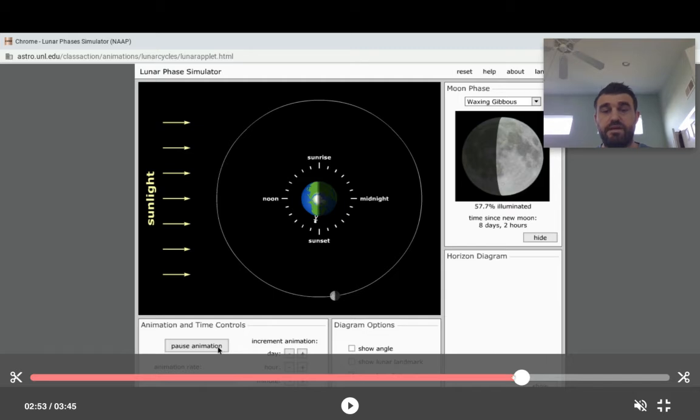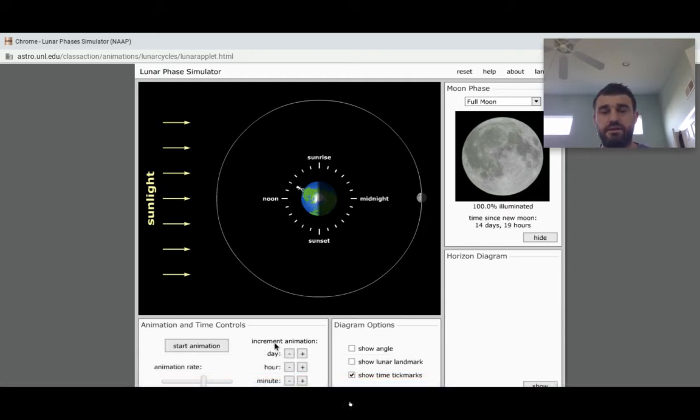Okay? Now the phases, as they get bigger and bigger, let's say the full moon, you'll never see the full moon at noon. Watch.